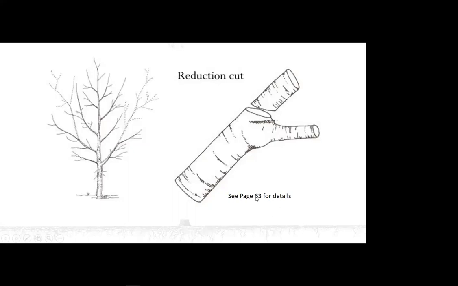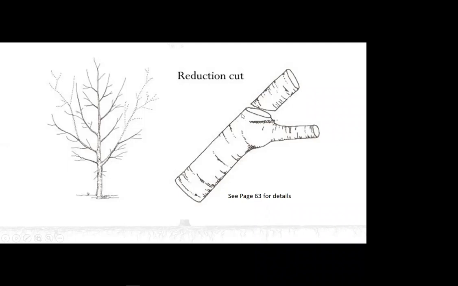And if you go to page 63, there are more details, and I'm sure you'll learn how to make these cuts. One thing to notice is it's not straight across the branch. There is a downward angle here. And so here you are taking the bigger part at the branch union. This is sometimes called reducing to a lateral.